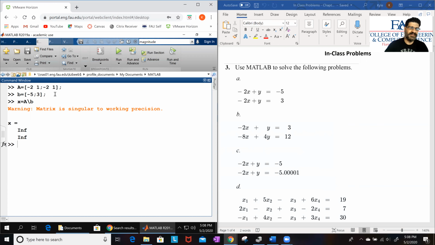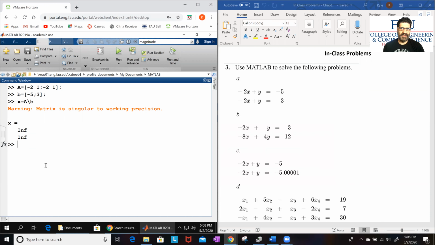We get X equal to infinity, infinity, which means there's no solution, and it says matrix is singular. When we talk about a matrix being singular, that usually means there is no solution. And if you do the determinant of A, which is -2 times 1 minus -2 times 1, that will give you 0. When the determinant of A is 0, definitely there is no solution.